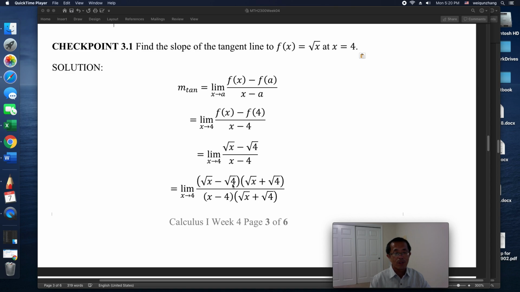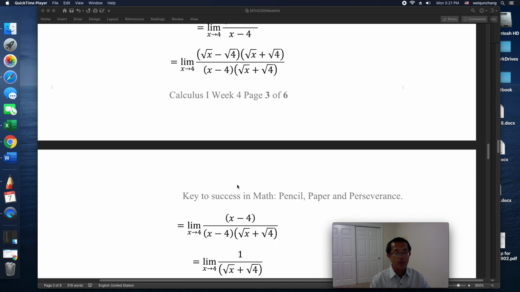Remember, the product of the conjugate pair, the product of a difference and a sum, turns out to be a difference of squares. So square root of x squared is just x, square root of 4 squared is just 4. So the numerator tends to be x minus 4.